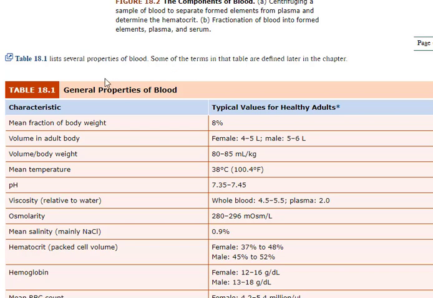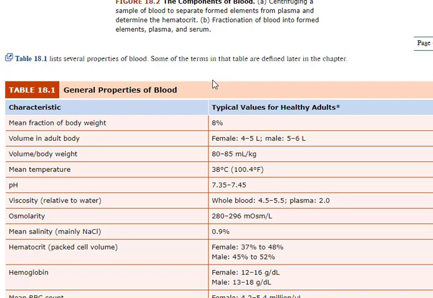Now, this is what I call a lookup table, and you do not have to memorize all of the stuff on this table, because whenever you have your blood drawn, they should give you your results back. They should say, this is what your hematocrit was, this is what percent red blood cells you had to plasma.